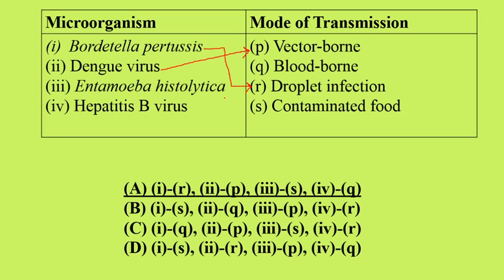Entamoeba histolytica is caused by contaminated food: when the person consumes food contaminated with Entamoeba, the person gets the disease. And hepatitis B virus is transmitted through blood, so it is bloodborne. So option A is the correct answer, which shows all the correct matches.